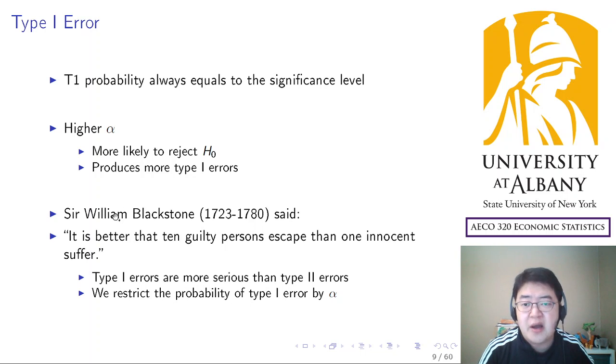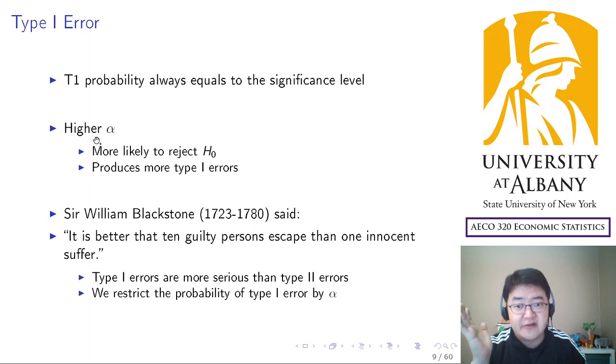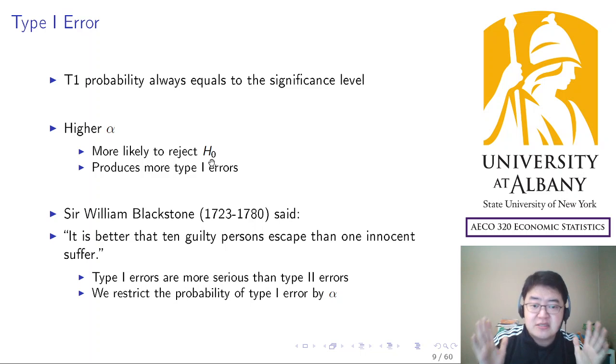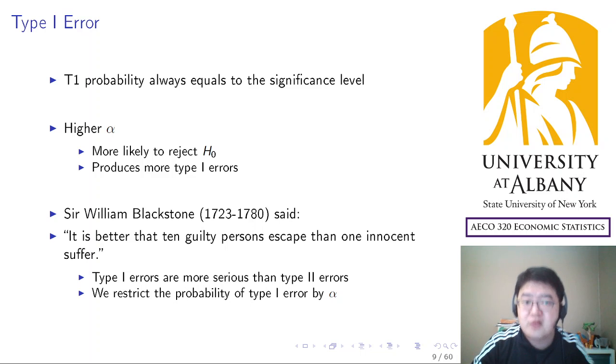That's why we restrict the significance level, we use innocence as the null hypothesis, and we would like to control the type 1 error probability using alpha. That's another way to interpret this.